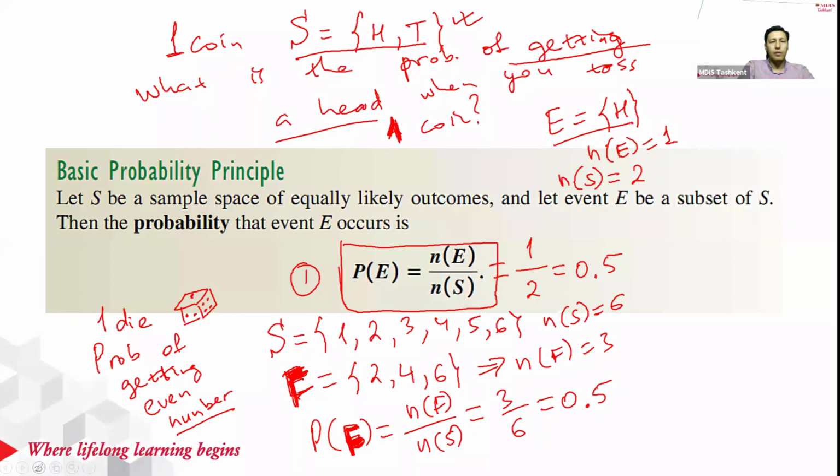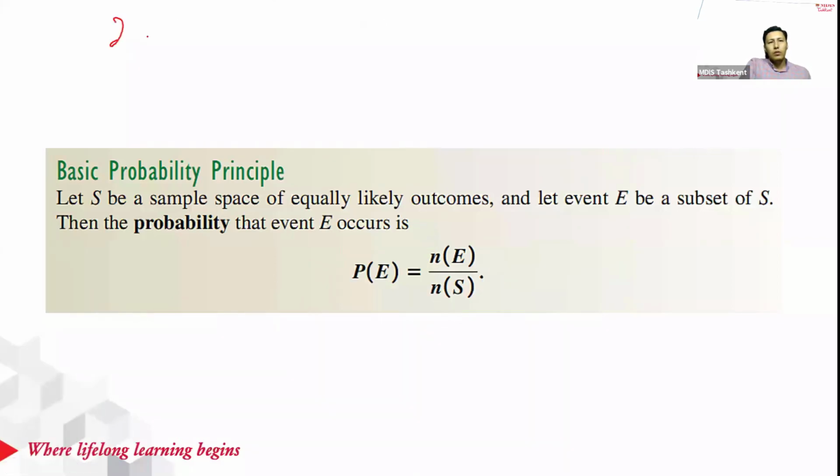Let's see another example. Two coins. Let's toss 2 coins and find the probability of getting at least one tail.